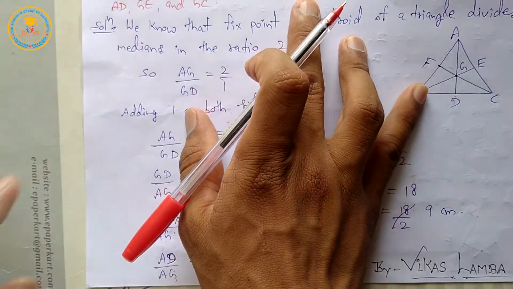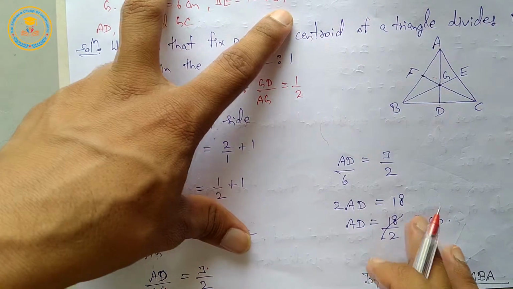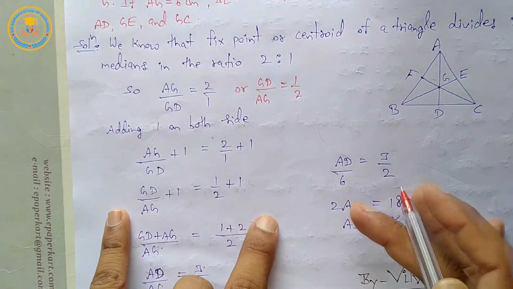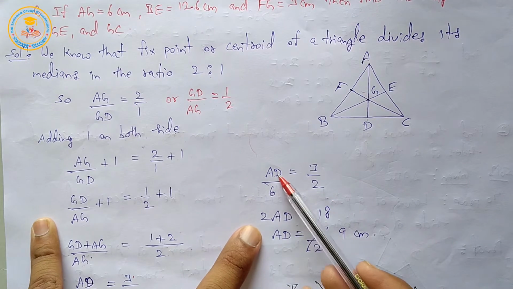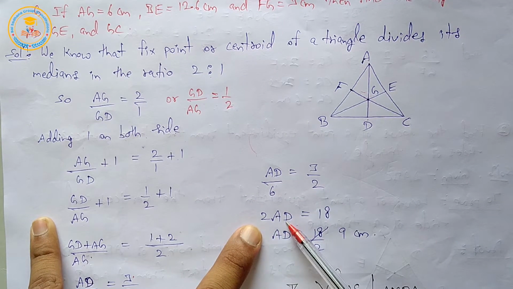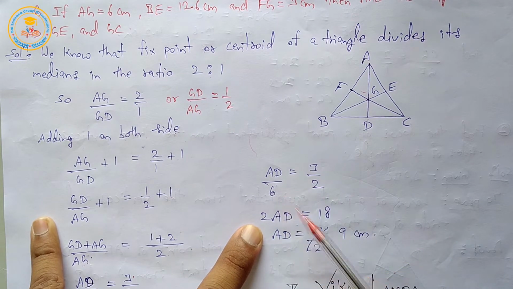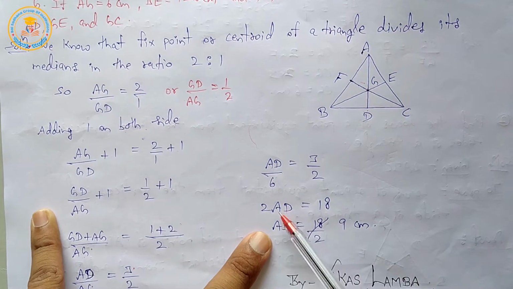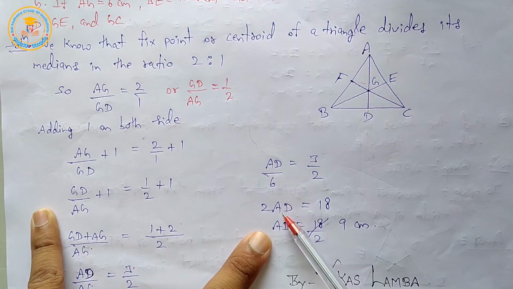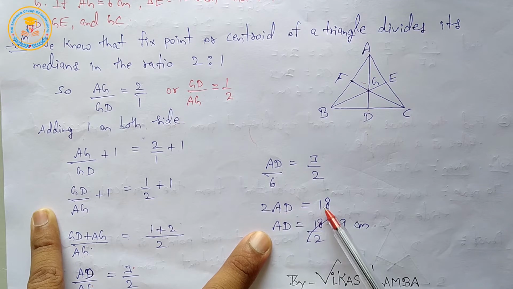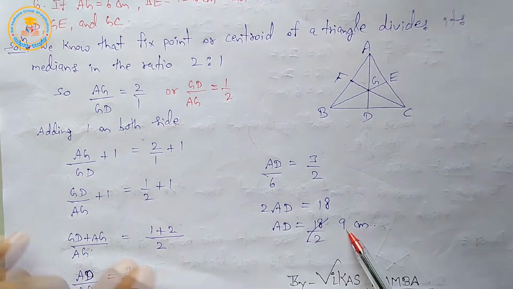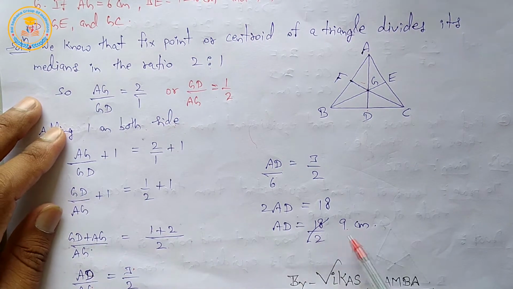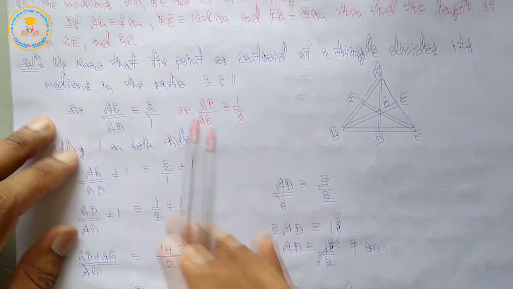The first value we calculated is AD, the second value is GE. Similarly, BG upon GE is 2:1.